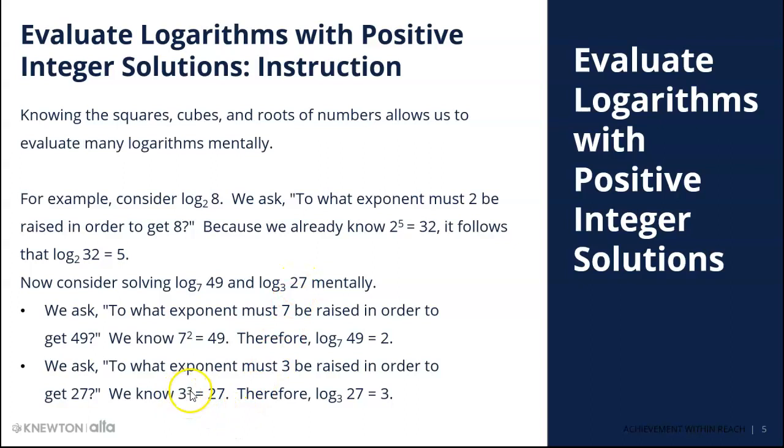We know that 3 cubed is equal to 27. Therefore, log of 27 base 3 is equal to 3. And lastly, log of 49 base 7 is equal to 2 because 7 squared is equal to 49.